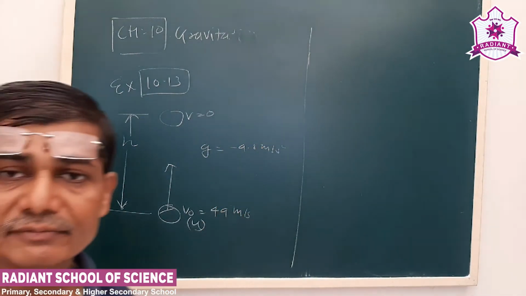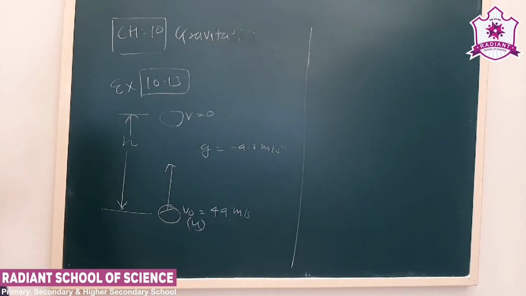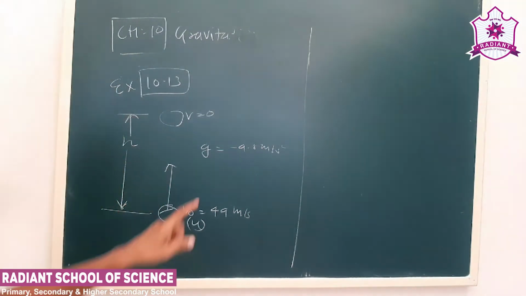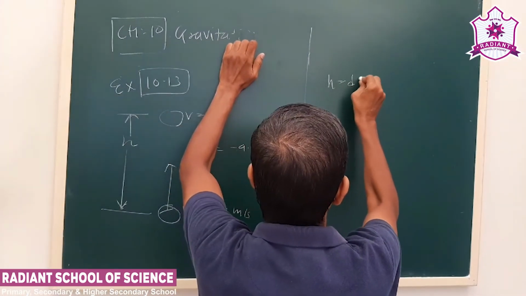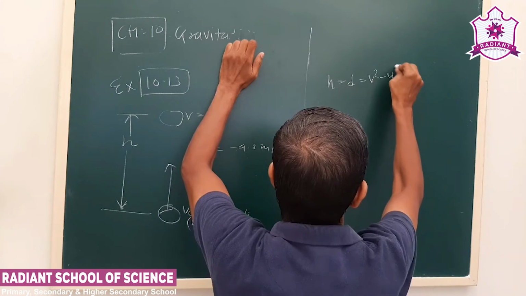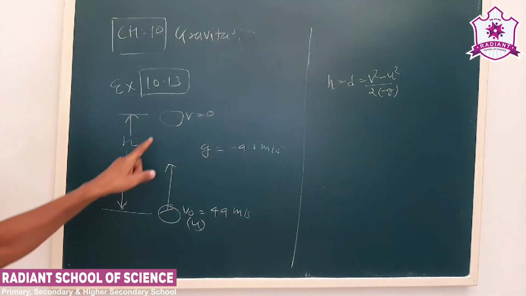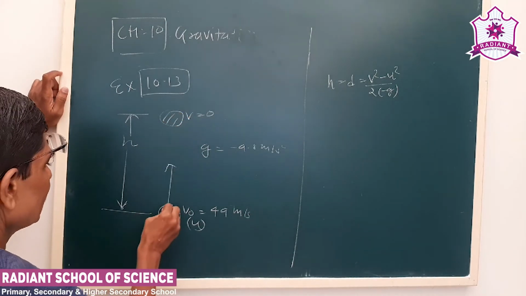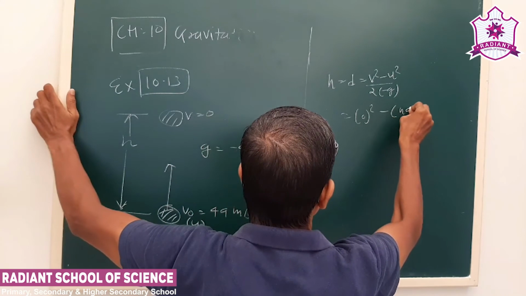Now we have studied the kinematic equation of free falling object or the body thrown in vertically upward direction. Here the ball is moving against the gravitation, so that's why we have to take g as minus 9.8. So h or d is v square minus u square upon 2a. Now we know at highest point the velocity will become 0, u is 49.